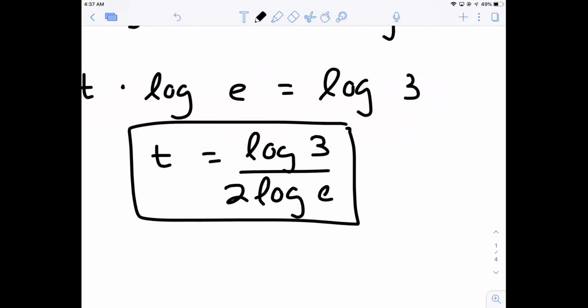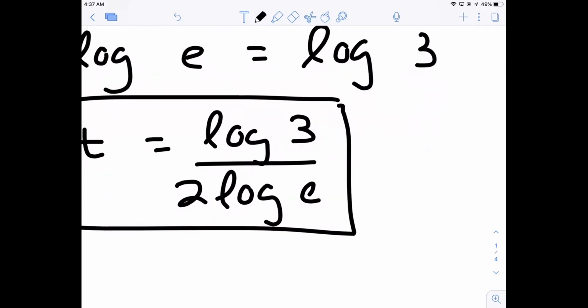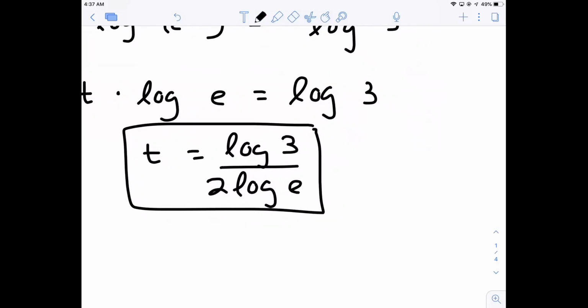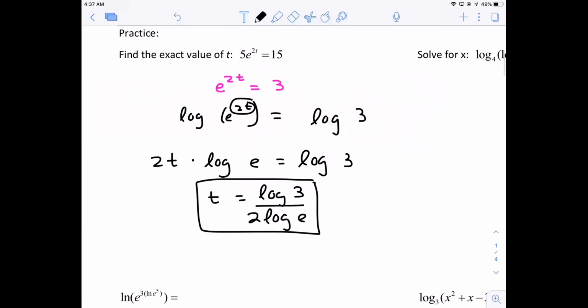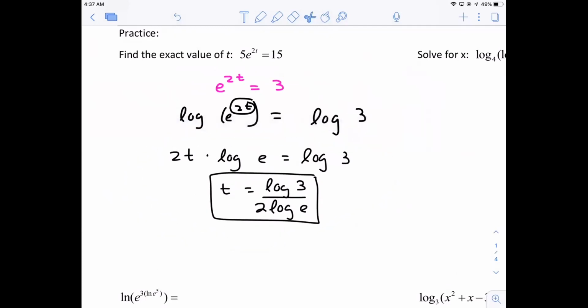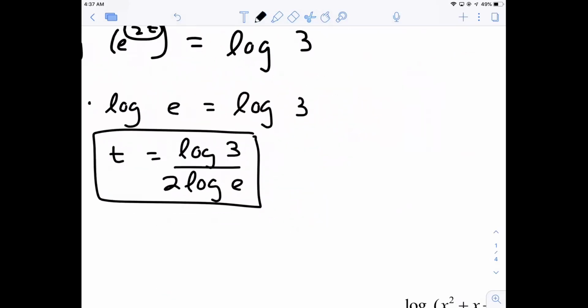I'm going to write this a much better way in a second, but we can write it like this. Just be careful: there is no log rule that lets us simplify this. If you want, you can copy and paste the rules from last time, and you won't see anything that lets us simplify that. So that is the exact value.